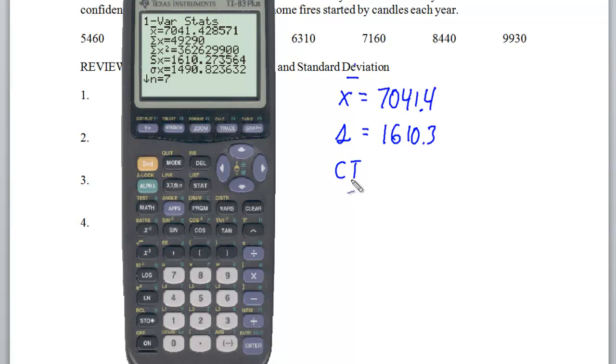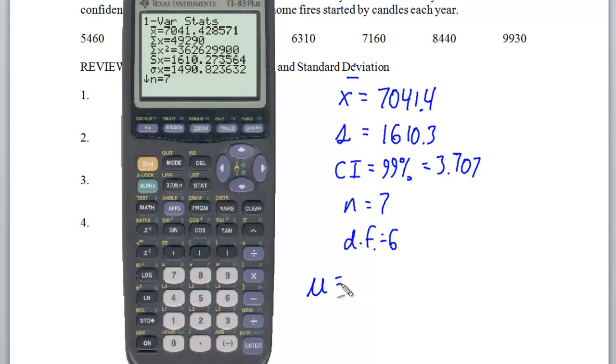Our confidence interval is 99%, and based on our sample size of 7 and the degrees of freedom, which is 6, if I look on the table, that's going to give me 3.707, 707 thousandths. So I'm going to type this into my equation for my mu, and I'm going to do this a little shorter here since I have a little bit less room.